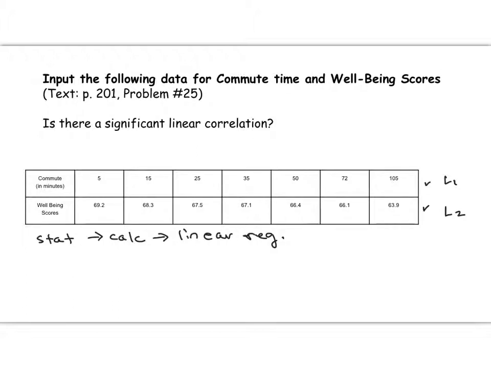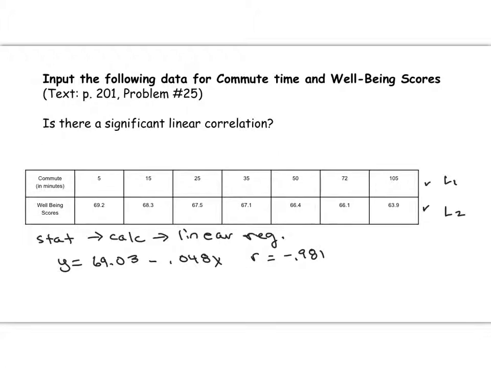All right, so when I run that, I get an equation: y equals 69.03 minus 0.048x. And you should have R equals negative 0.981.